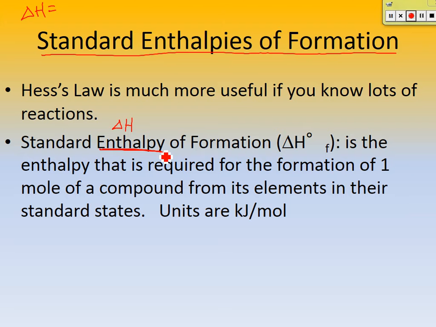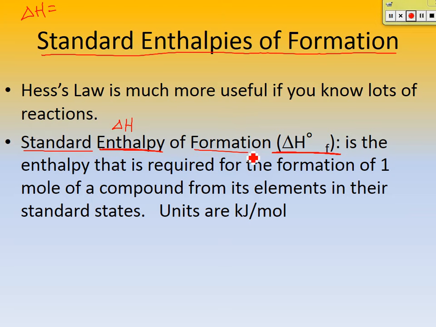So we're looking at how enthalpy changes as the reaction proceeds. So, standard enthalpy of formation. It's given this symbol right here. The standard part is denoted with this little naught sign. It looks like degrees. So this means that it's in standard conditions, and we'll talk about that in a second.